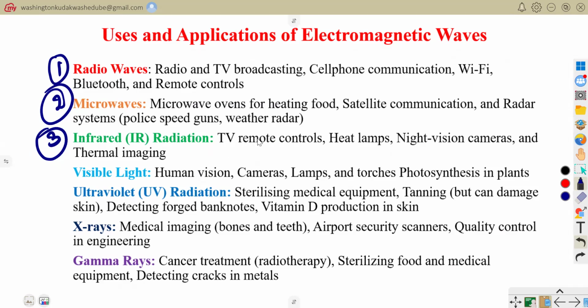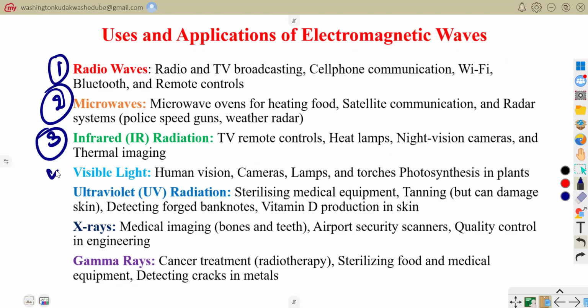That is why you need to position your TV remote control towards either the decoder or the TV itself. If you don't point it at that, it would not respond. What we are doing is directing our TV remote control to the sensor of our infrared radiation. So that is where we apply our infrared. So we have TV remote controls, heat lamps, night vision cameras, as well as thermal imaging.